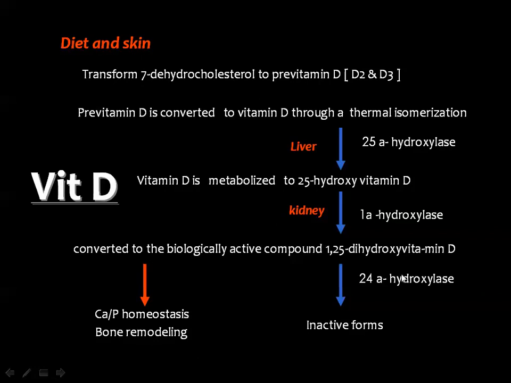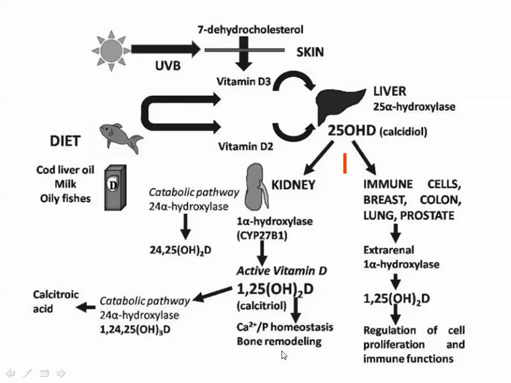Then after that, the excess of vitamin D is catabolized into the inactive forms. And this is what I have mentioned, that you have two main sources, the ultraviolet rays from the sun transforming the raw material in the skin into vitamin D3, and you have by food the vitamin D2.